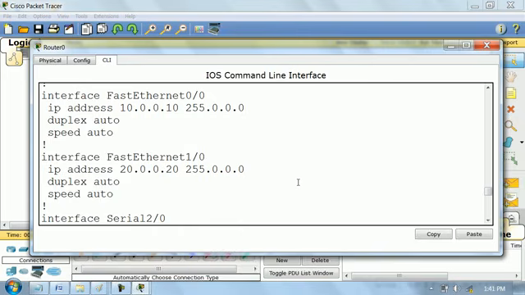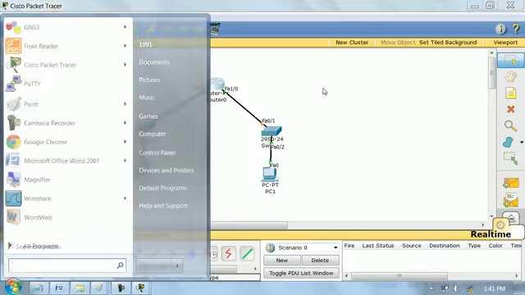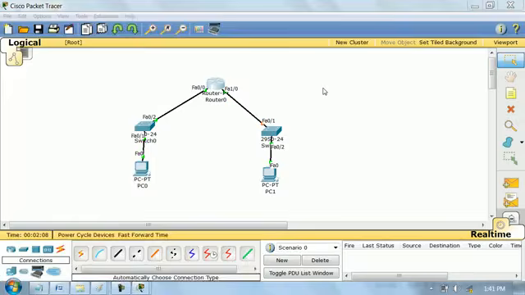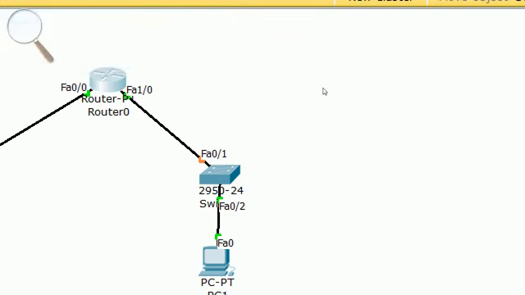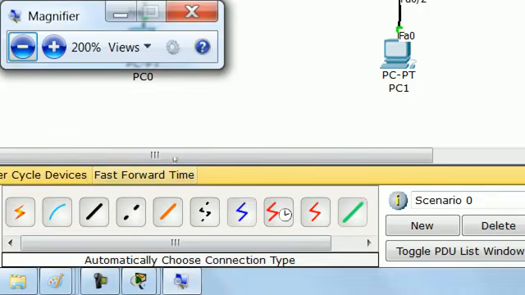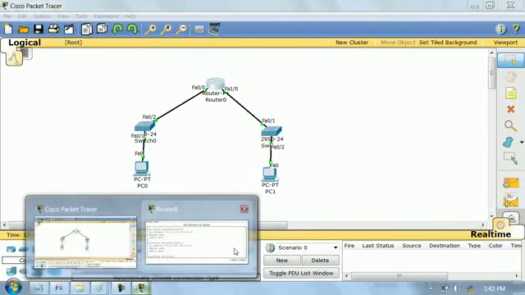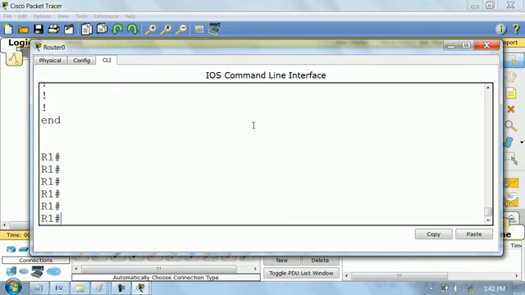Fine. गलत क्या हुआ? गलत क्या है? Fine. Command to check routing table.